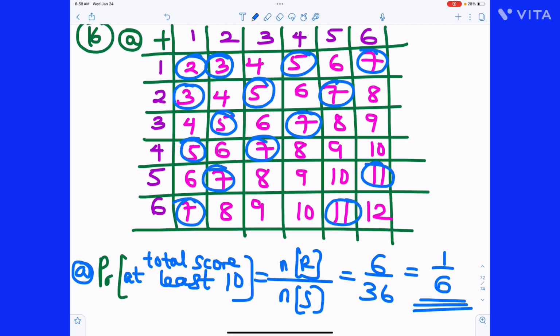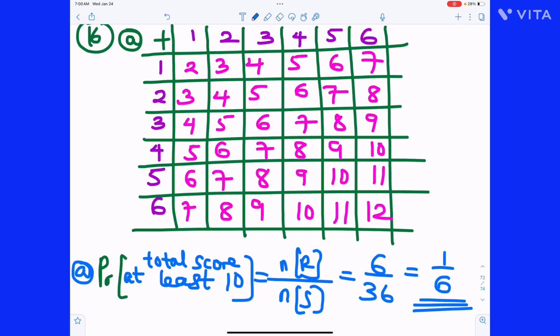In each row, I've circled all the prime numbers. We are not answering question 16, I'm just using this table. 5, 7. If you count, there are 1, 2, 3, 4, 5, 6, 7, 8, 9, 10, 11, 12, 13, 14, 15. So there are 15 prime numbers there. Now you do NR over NS to get your answer.